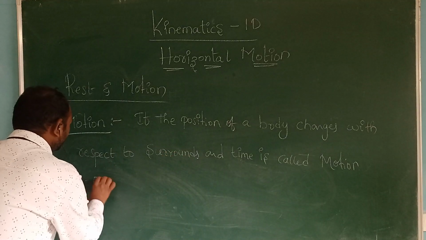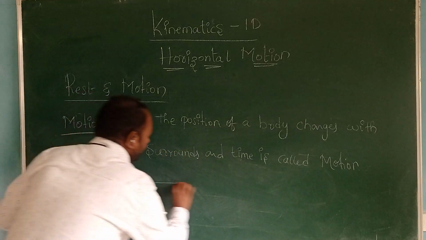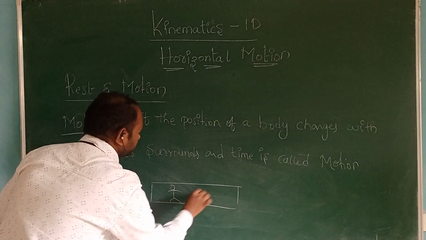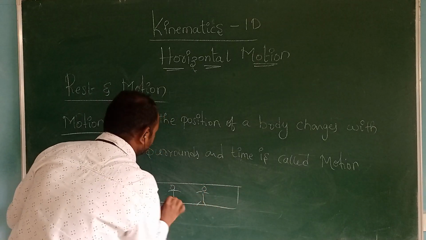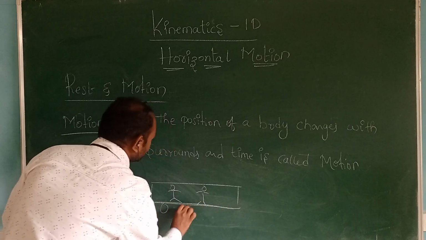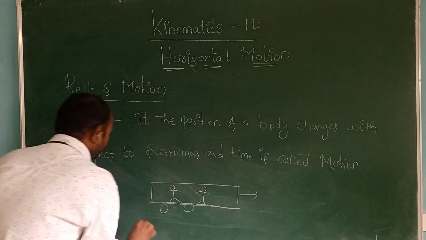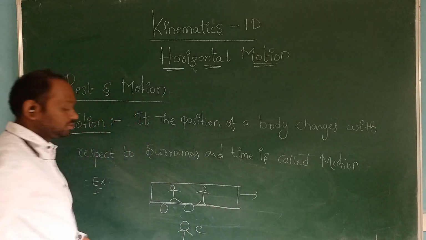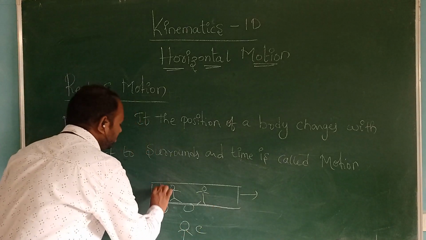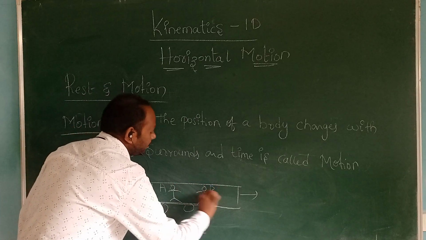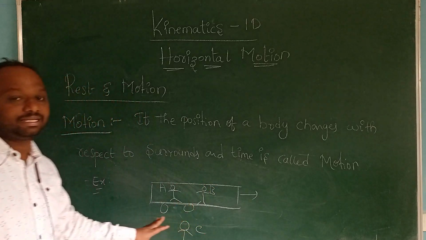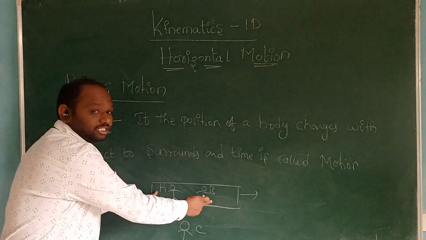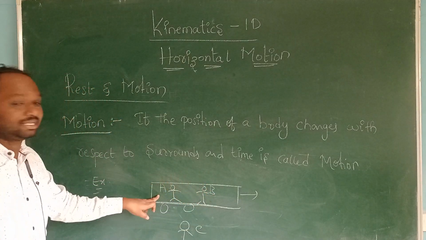See the same example. The bus is moving in this direction and a third person is there; we are involving a third person, named C. The first person is A, the second is B, and the third is C. In the previous condition, A with respect to B is at rest, and B with respect to A is at rest.